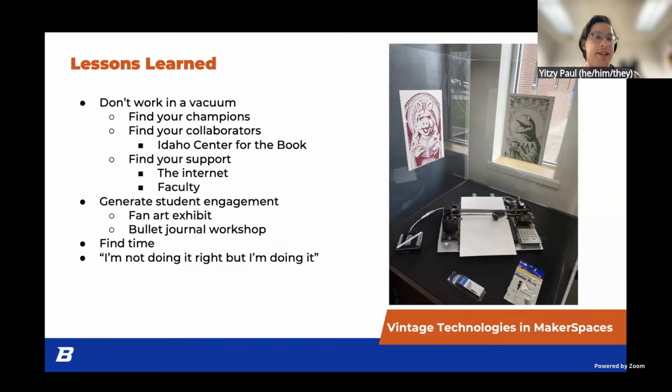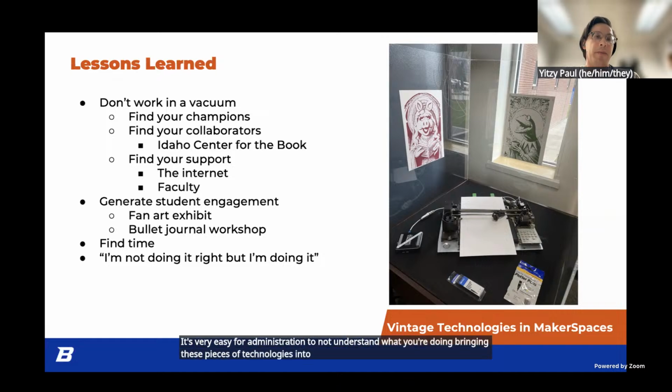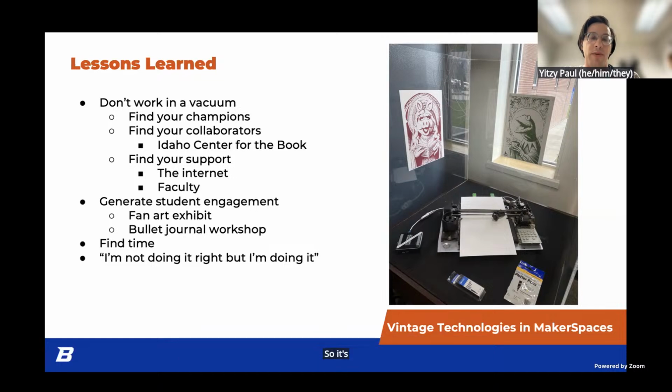There are a couple lessons that we've learned from doing this. One is, don't work in a vacuum. It's very easy for administration to not understand what you're doing, bringing these pieces of technology into your spaces. So it's very helpful to find people that can be your champions when you do this. Also find your collaborators.